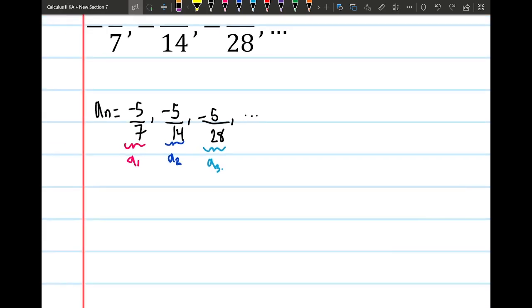On the bottom, we can see that you're multiplying by 2 every single time. On the top, it's just times 1 every time. So we can clearly see that this sequence is geometric.